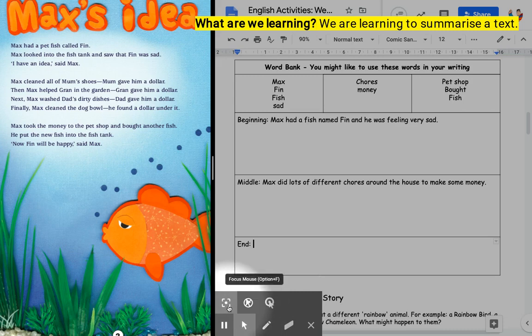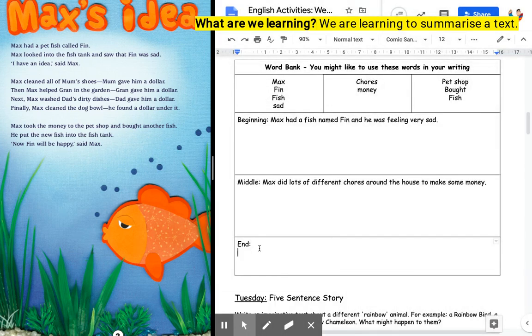Might like that. That sounds nice. Then Max went to a pet shop and bought a new fish for Finn to play with.